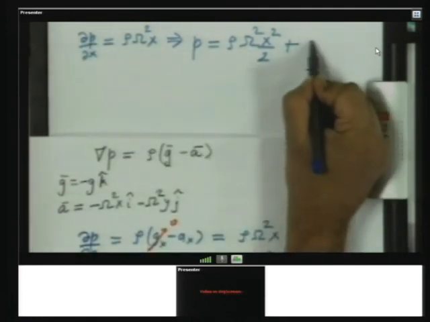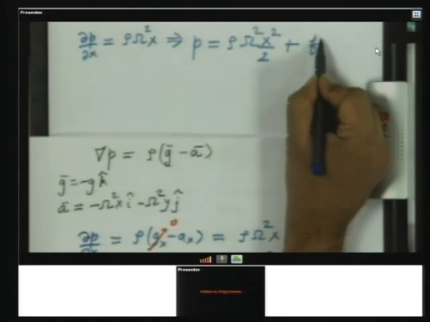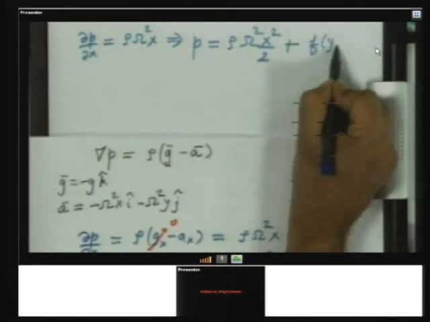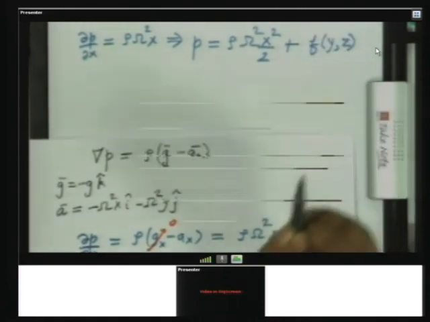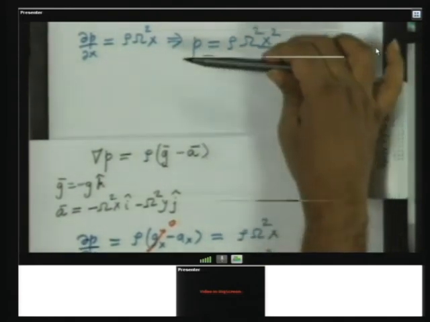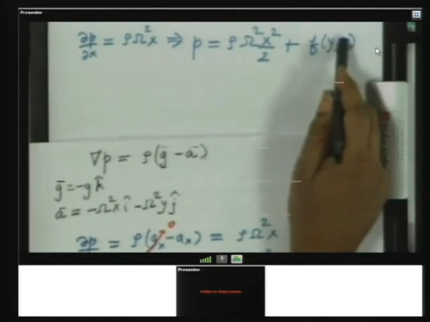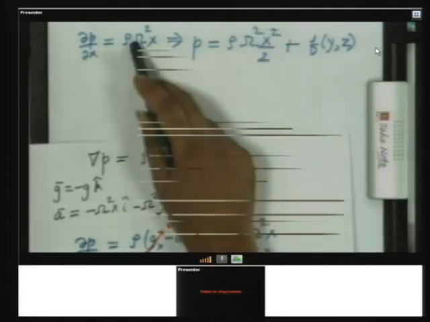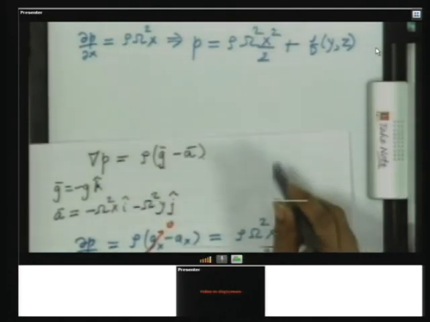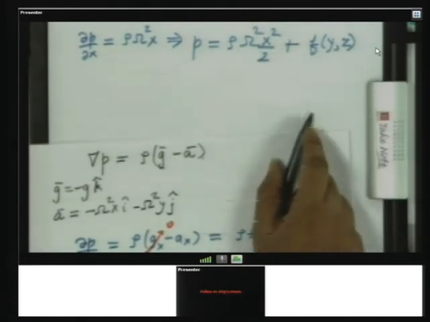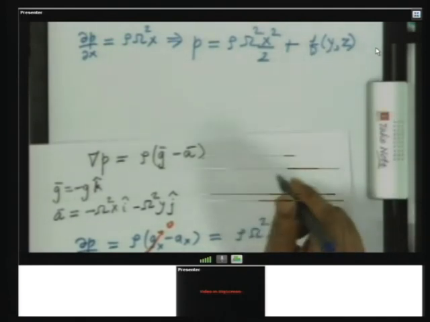So, you are going to have a function now, a function which does not depend on x, but it will depend on the other two coordinates. So, if you take this expression and differentiate it partially with respect to x, this term will go to 0 and this will give you rho omega squared x. Now, we want to find what this function is. For that we have to look at the other equations.